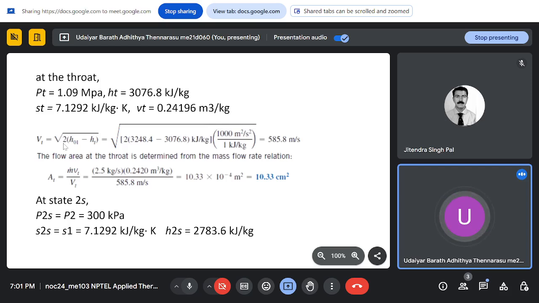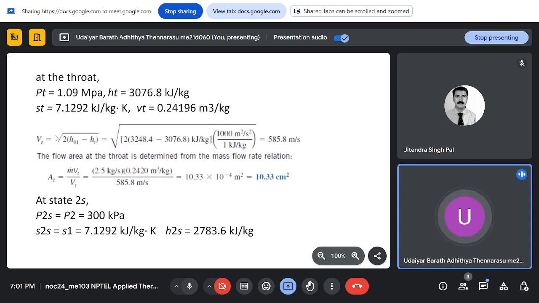Velocity comes from just the first law: h plus v square by 2 plus gz equals a constant. Here the inlet velocity is negligible, so the exit velocity will become root of 2 times the change in enthalpy.